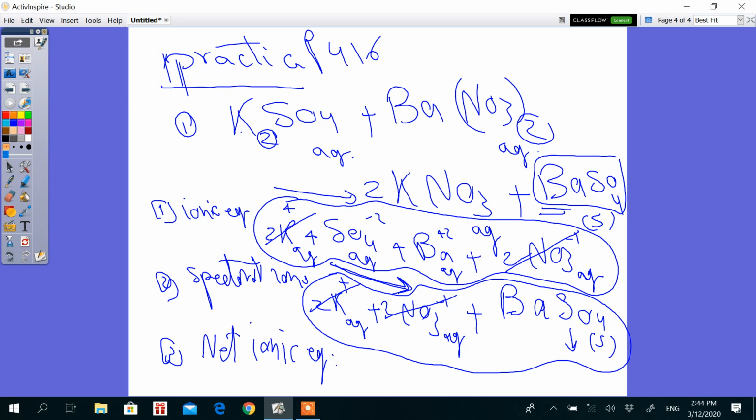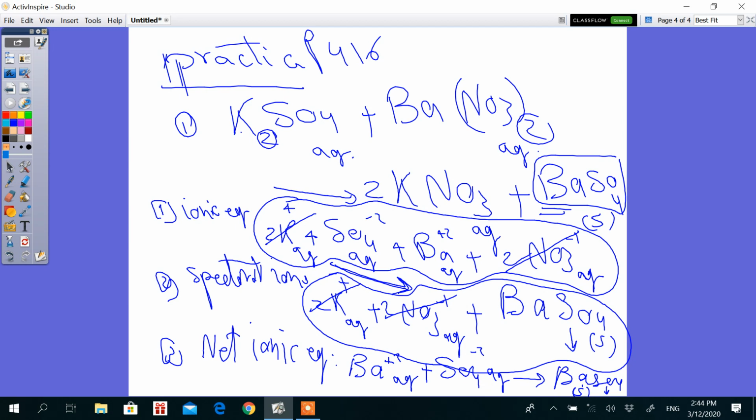So my net ionic equation will be like that: barium +2 aqueous plus sulfate -2 aqueous produces barium sulfate, BaSO4, a solid. Since barium sulfate is a solid, it is a precipitation reaction.